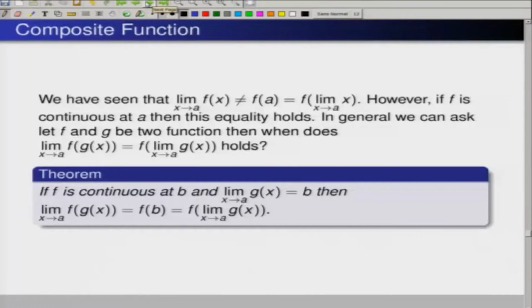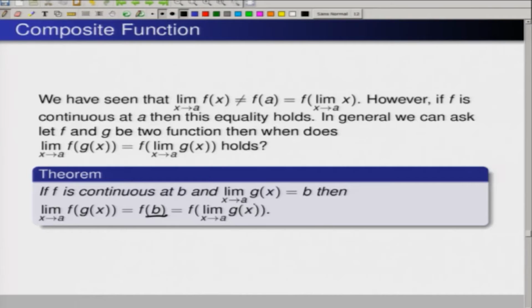Now, one theorem which would be pretty useful for us to answer this question is that if f is continuous at b and limit of g of x, x goes to a, is equal to b, then limit of x goes to a, f of g of x is equal to f of b, which is again f of limit of x goes to a of g of x.